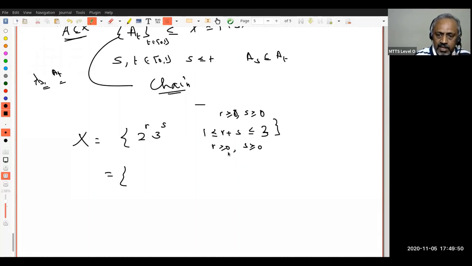That is, r equal to 0, s equal to 0 is not allowed. One of them can be 0, but not both, because the sum must be at least 1.